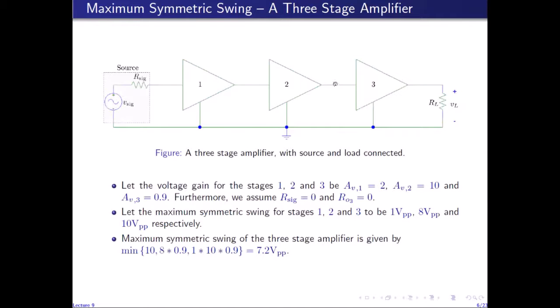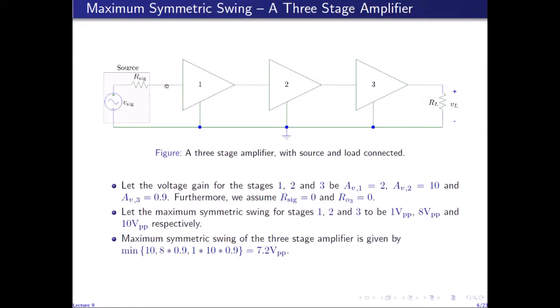Similarly, if we analyze the swing here at the output of the stage 2, then the maximum allowed swing is 8 volts peak to peak here. Dividing it with the gain of the second stage, which is 10 units, I get 0.8 volts peak to peak here. And dividing by the gain of the first stage, which is 2 units, I get 0.4 volts peak to peak here. So when the voltage here is 0.4 volts peak to peak, the voltage here is 0.8 volts peak to peak, still within the maximum allowed swing, and the voltage here becomes 8 volts peak to peak, which is the maximum allowed swing.